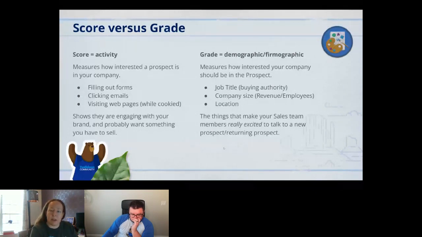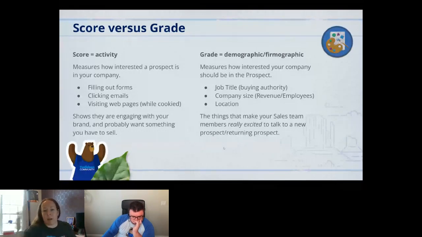So that's where finding the sweet spot comes in: a prospect who's interested in you and showing activity by engaging with your things, and you wanting to engage with the prospect because they have the right profile. Those things should come together at some sort of intersection. And it's not cut and dried.